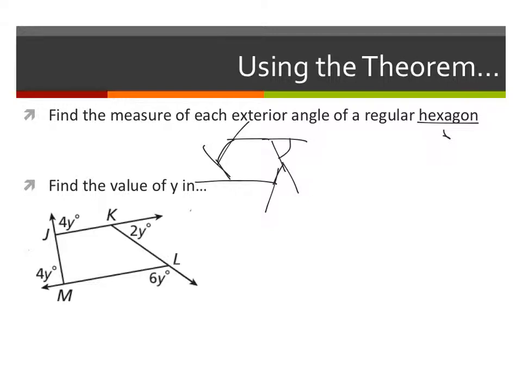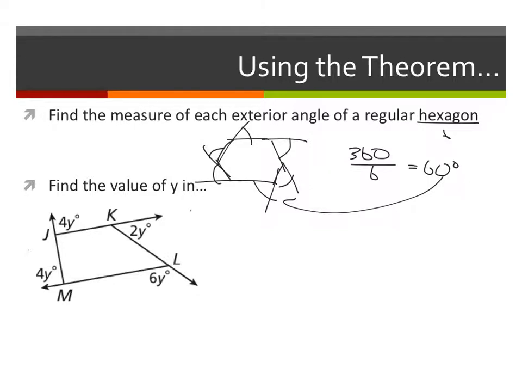Right? If these all add up to 360 and they're all congruent because it's an equiangular polygon, then it's 360 divided by 6. That means each one has a measure of 60 degrees.